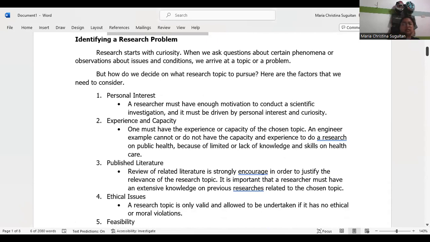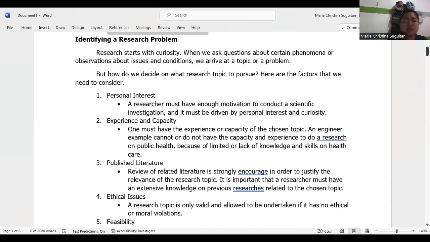So sabi dyan, research starts with curiosity, okay? And then when we ask questions about certain phenomena or observations about issues and conditions, we arrive at a topic or problem. Okay? Hindi naman pwede na nag-research ka na wala kang tanong. Kaya from the word research, unang-una pa lang, pinag-usapan na natin yung salitang research.